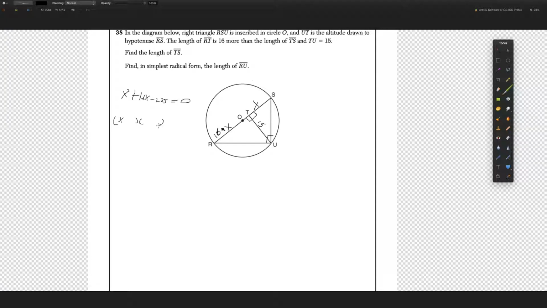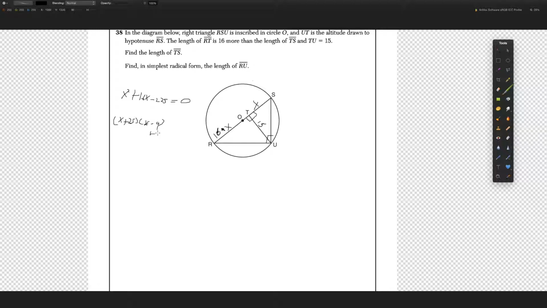Now we're going to have to get factors of 225 in order to get 16. The factors of 225, if I take one factor minus the other, we have to get positive 16. So let's take 25 times negative 9. That works. We're going to do positive 25 and negative 9.